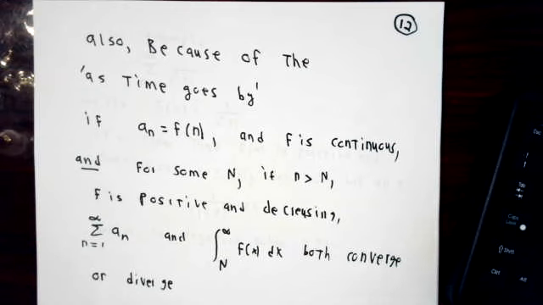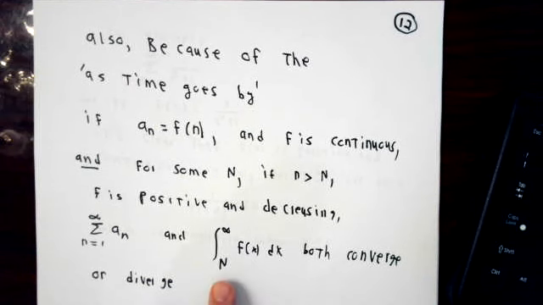If a_n is f of n, and f is continuous, positive, and decreasing for all indexes bigger than some specific index, capital N, then the infinite series, whose convergence or divergence is not affected by the behavior of a finite number of terms, and the integral starting where the function starts acting the way you want to infinity, both converge or diverge. If you followed the "as time goes by" discussion, that should be obvious to you.